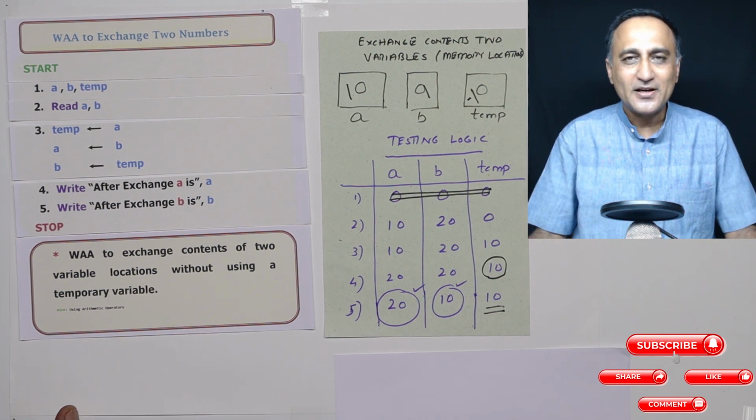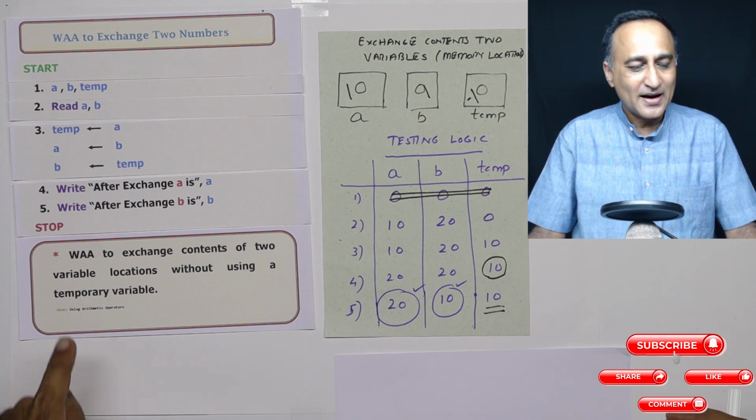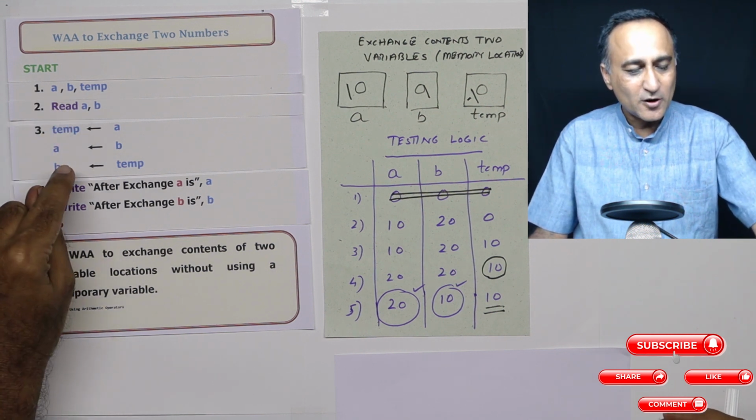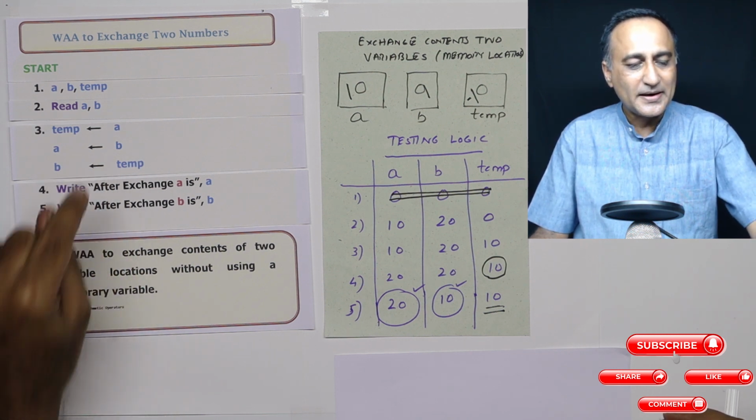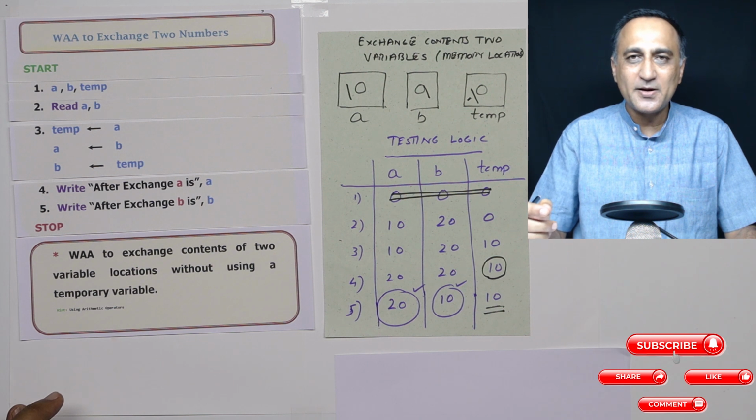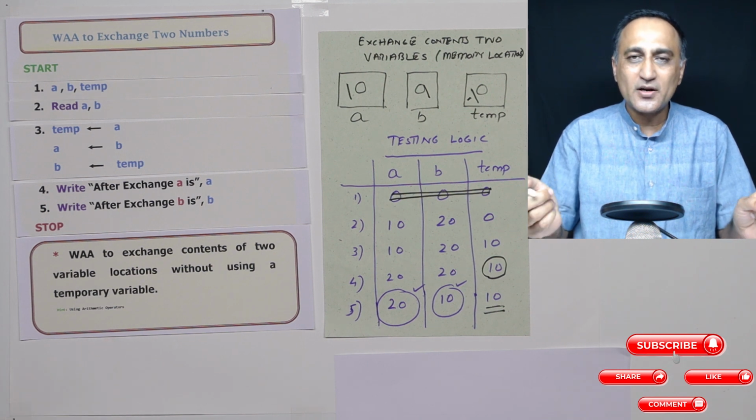Think of using the very basic mathematical operators like plus, minus, or one of them or both of them, and using them try to come up with the logic. If you use just plus or minus, you will not require the temp variable. You will just require A and B, and you will be able to exchange or swap.